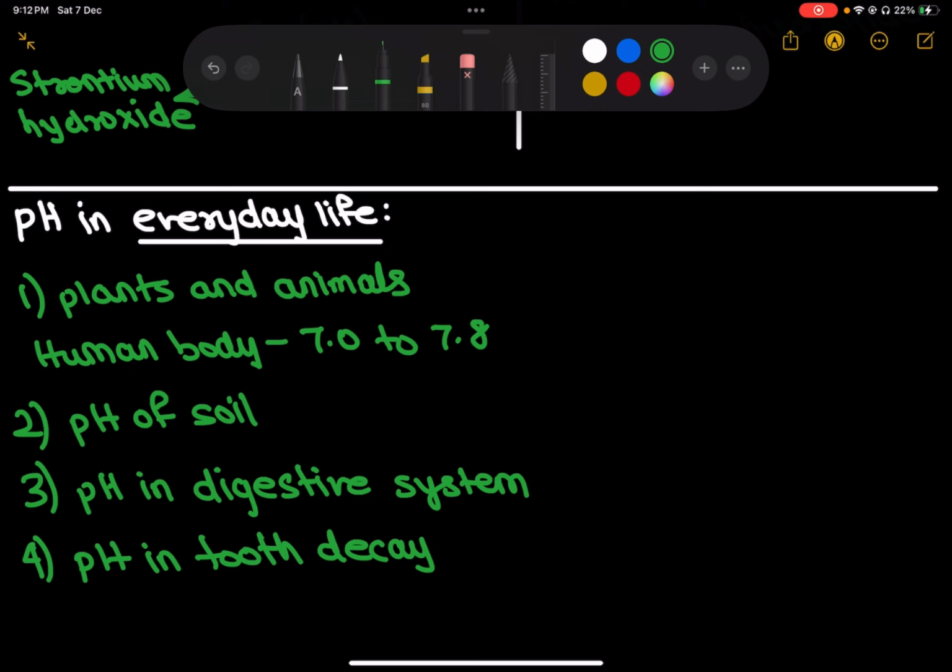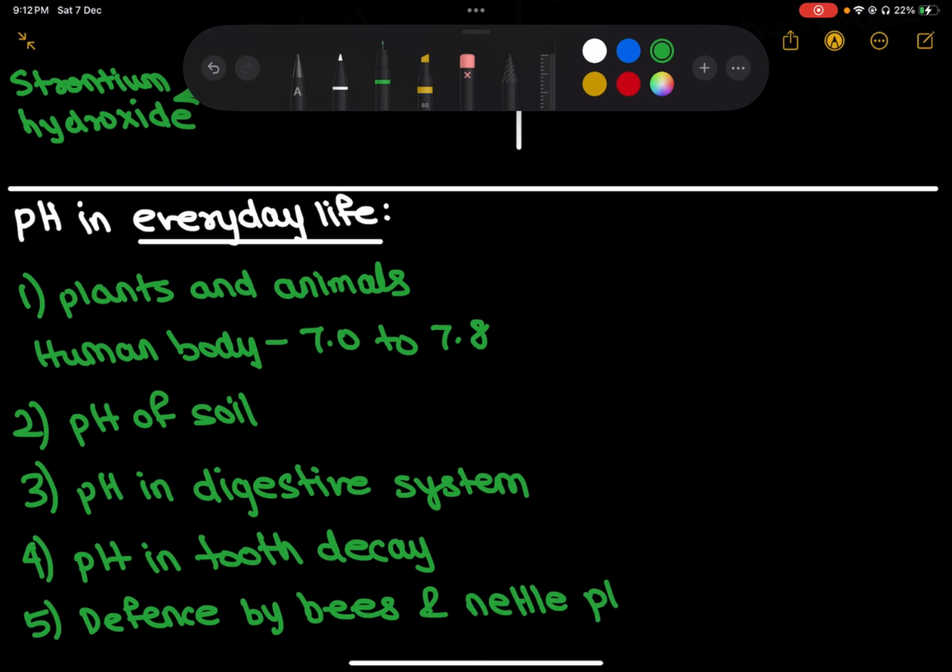And when the pH goes below 5.5, then only degradation will start. And lastly, self-defense by bees and the nettle plant, and the dock plant also. Remember dock plant. So miracles basically.